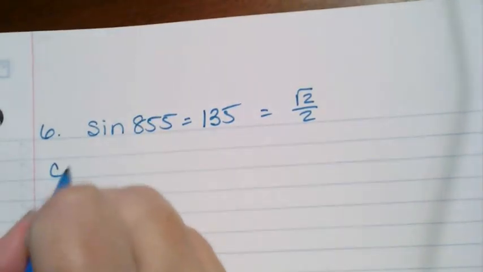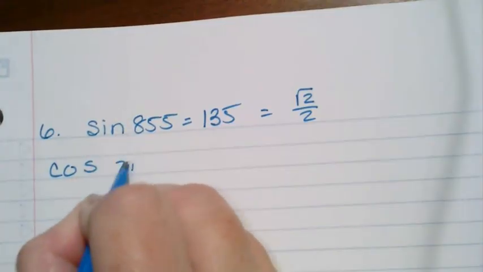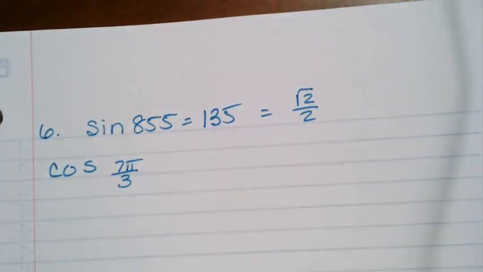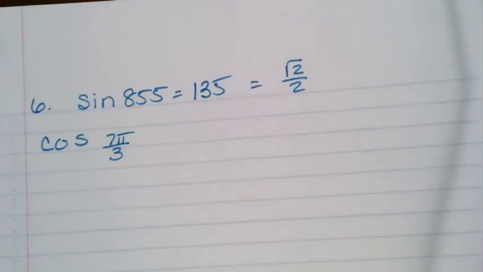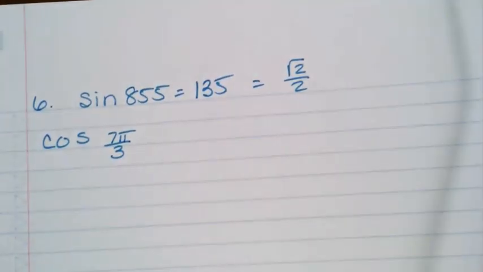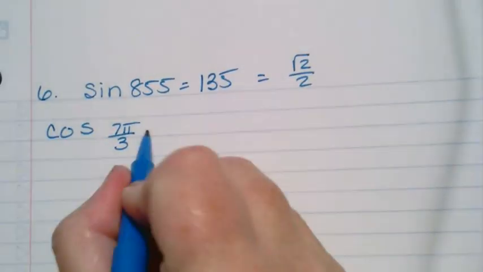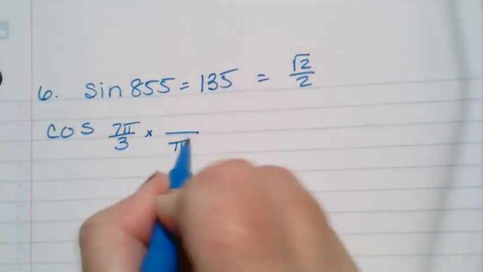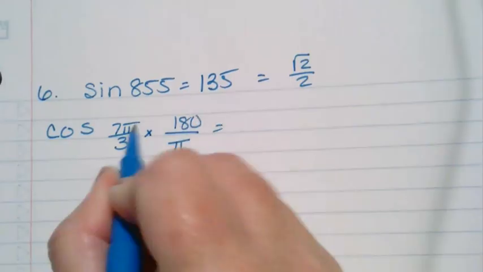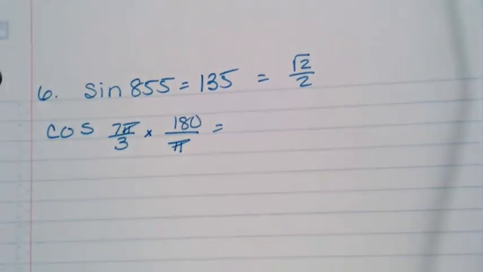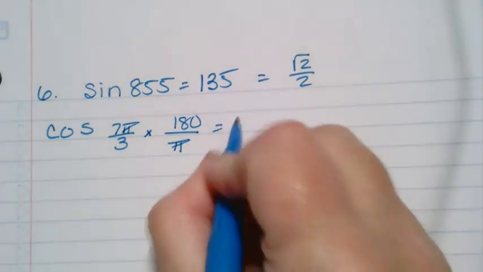Next is cosine of 7 pi over 3. I don't have a unit circle in front of me, but let's just practice how to convert this back into degrees. If I have a pi on top, I need a pi on bottom. So the pi's cancel, and 180 times 7 divided by 3 is 420.